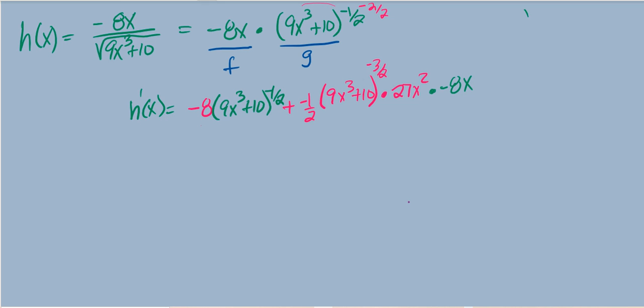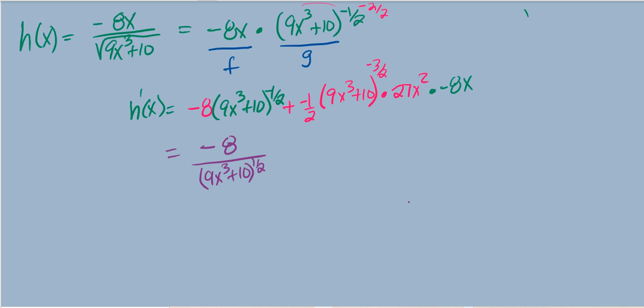From here, I am going to put my (9x cubed plus 10) to the negative 1/2 back in the denominator. So I'll write this as negative 8 divided by 9x cubed plus 10 to the 1/2, put back down in the denominator.